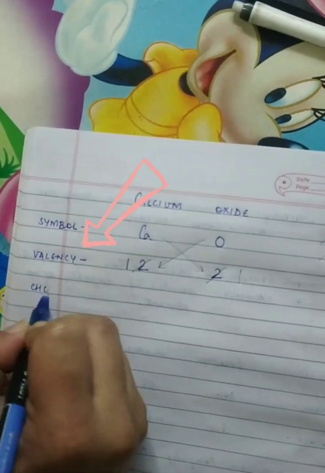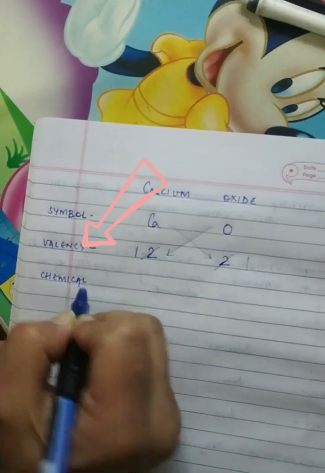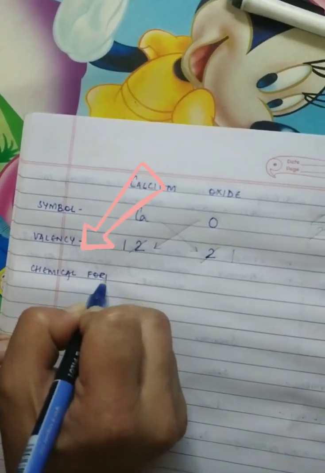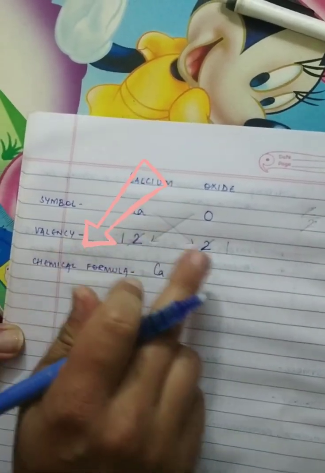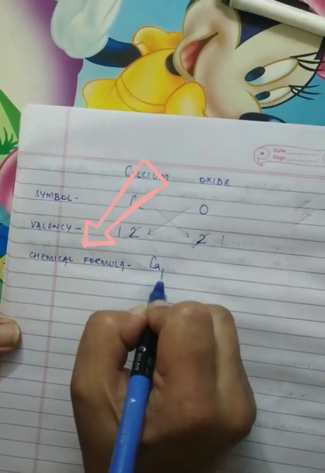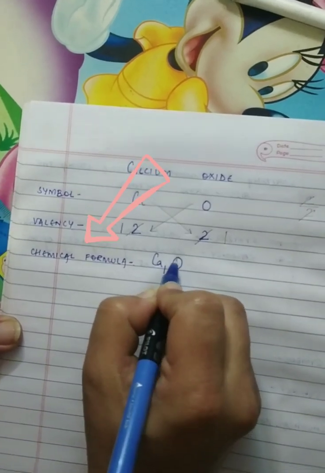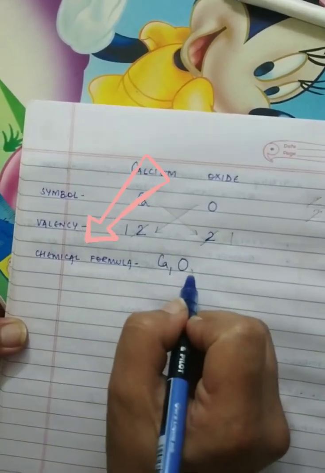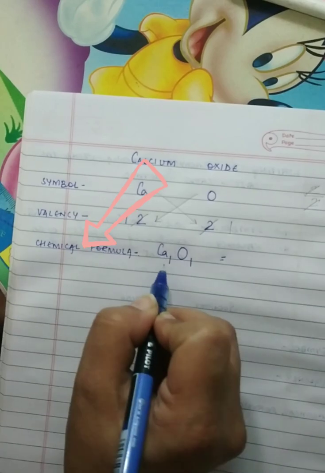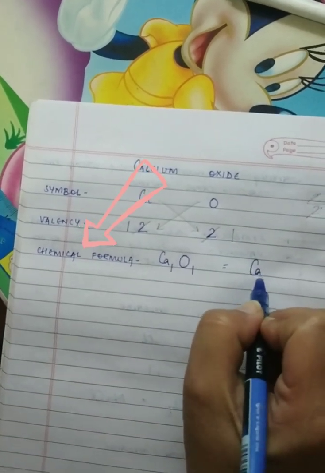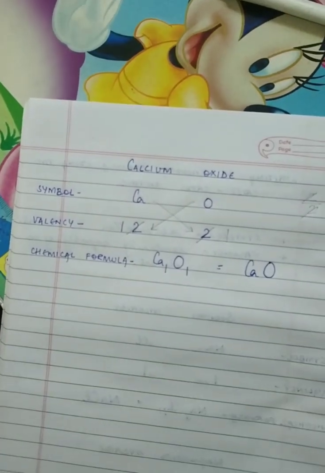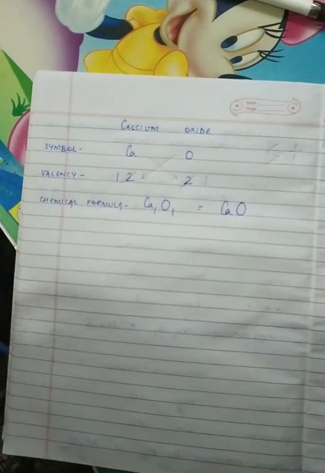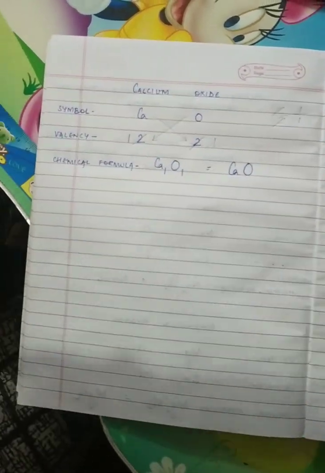So the chemical formula: Ca is pointing to number 1 and oxide O is also pointing to 1. As I told you, we do not write 1, so the formula becomes CaO. So this is how you write the chemical formula using the crisscross method.